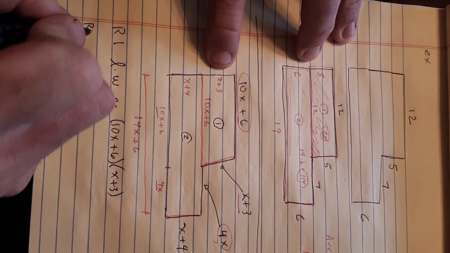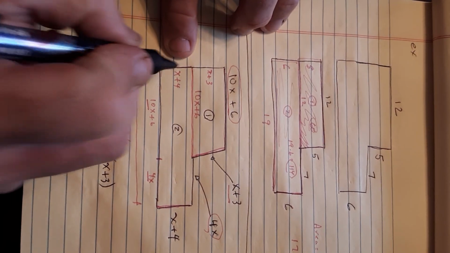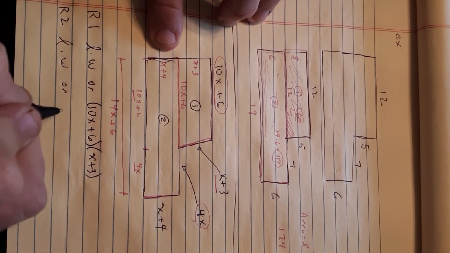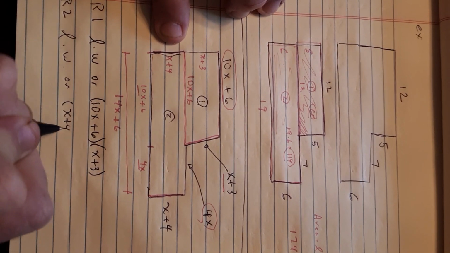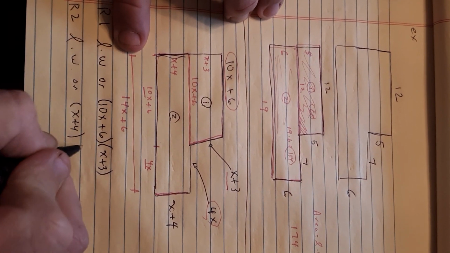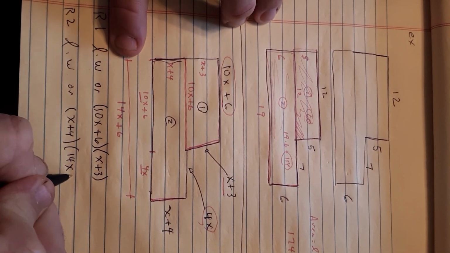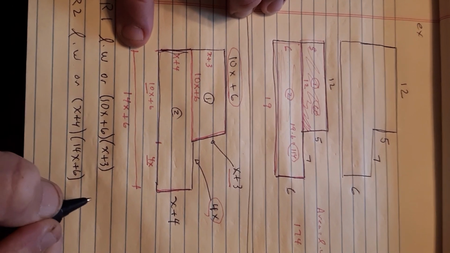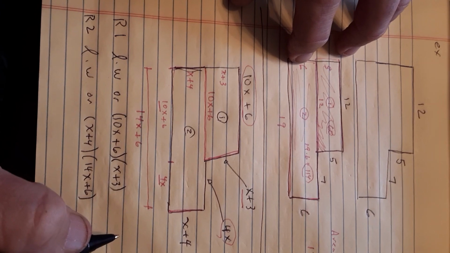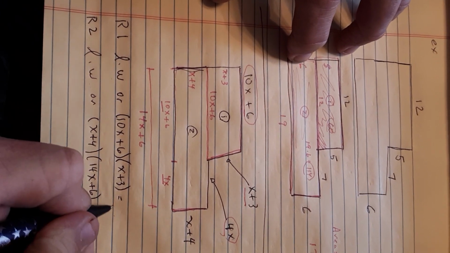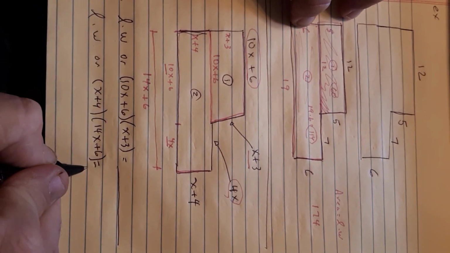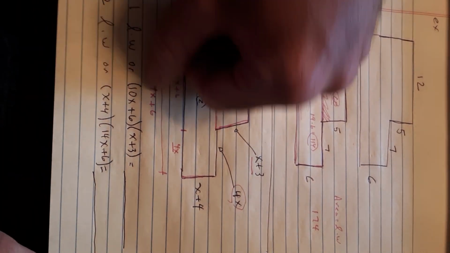And then region 2 will be x plus 4, length times width, or x plus 4 times that entire length, which is 14x plus 6. And then at this point, you would use the multiplication method or the box method to figure out what this is. And I'll do that real quick.